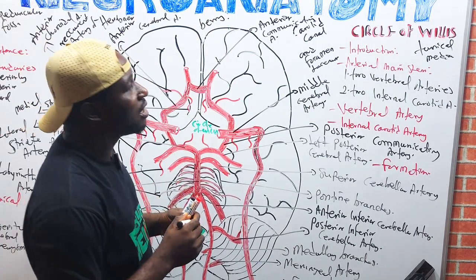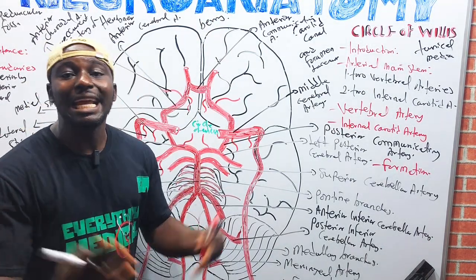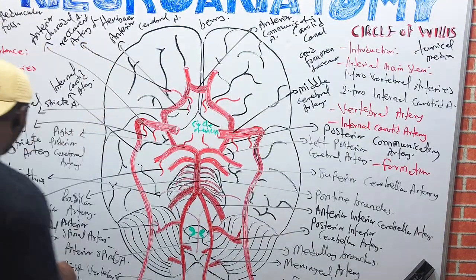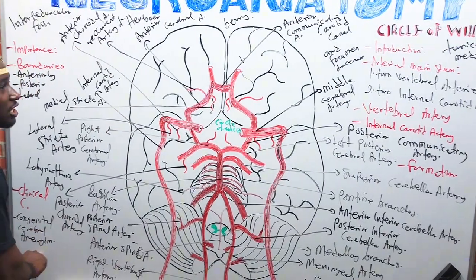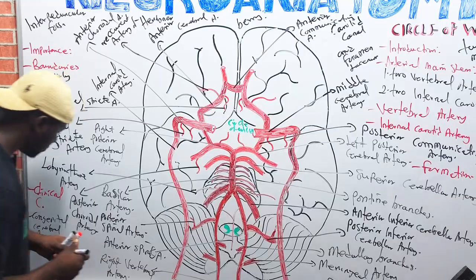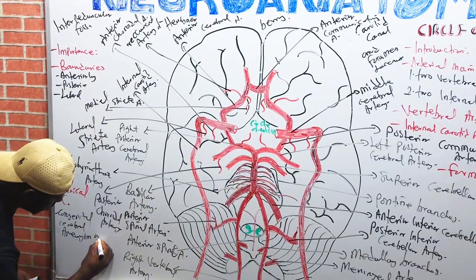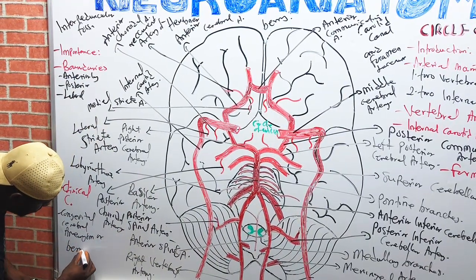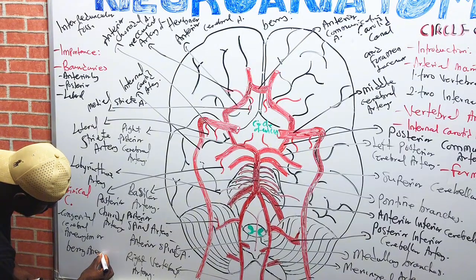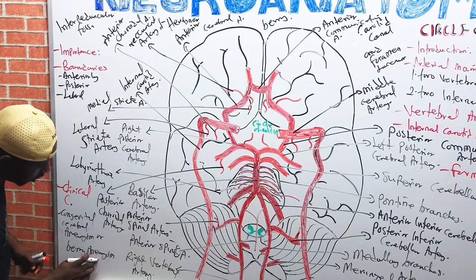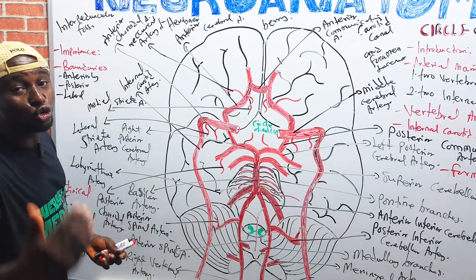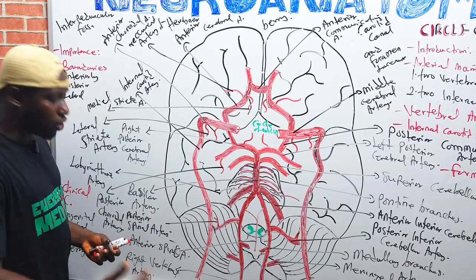That is why it is termed berry aneurysm. So you can call congenital cerebral aneurysm berry aneurysm, due to its appearance when it occurs.